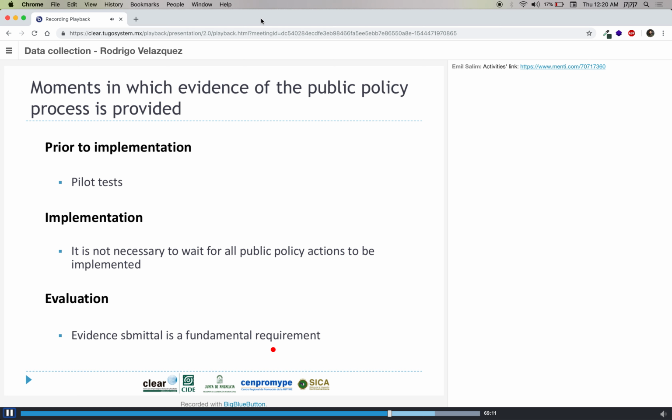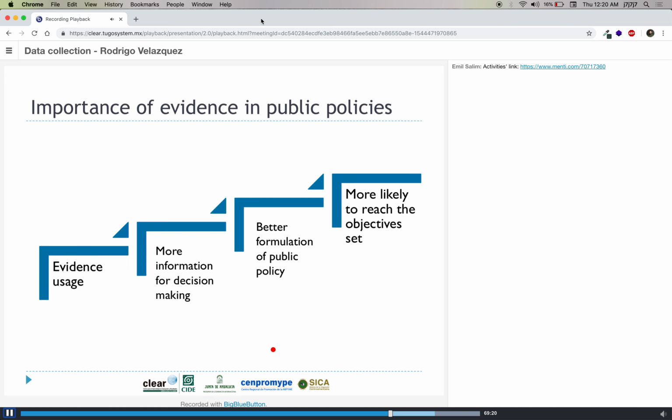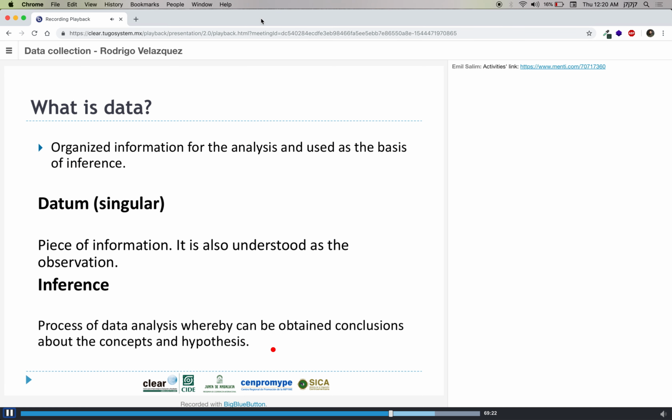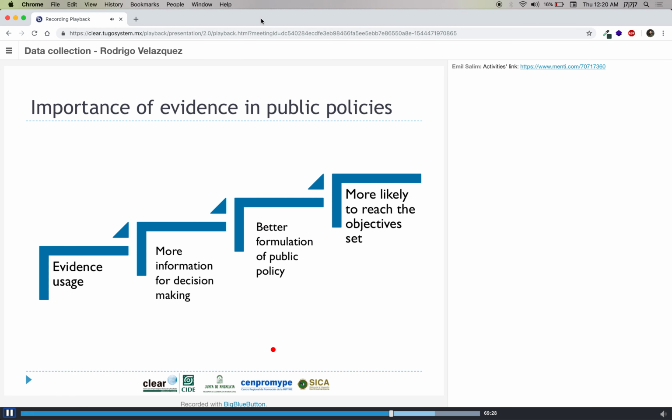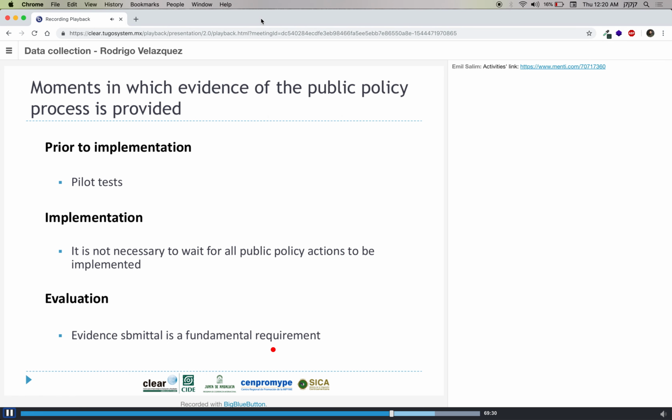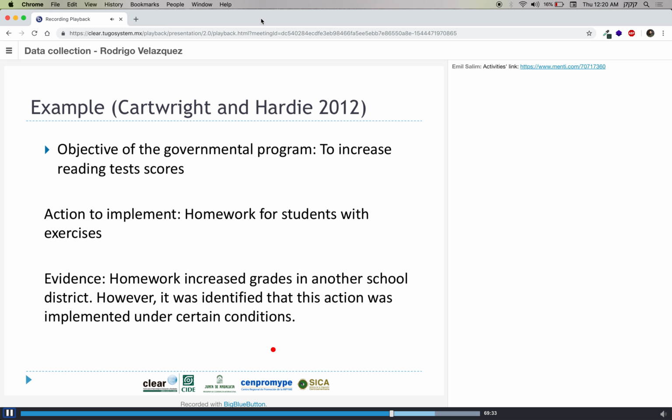It also has to do with analyzing how this is working or if we have to change something. And in this slide, or in this example that Cartwright and Hardy provide, we can see here that it is important to provide evidence in the public policy.